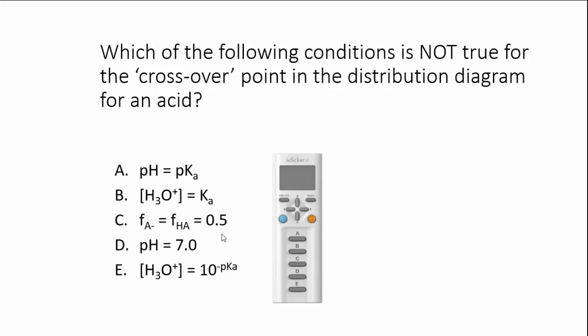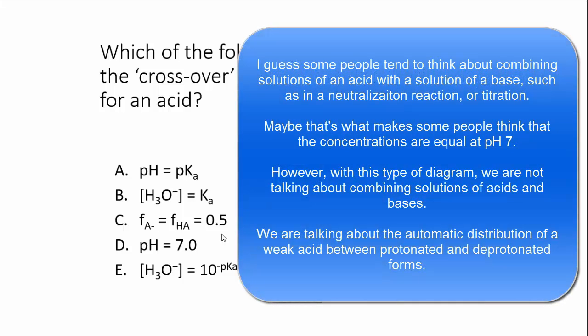And so at this crossover point, we're saying the concentrations of protonated acid and deprotonated or conjugate base forms are equal, which is a different thing than talking about the point at which hydronium and hydroxide concentrations are equal. They're two separate things. So pH is not equal to 7. pH is equal to pKa. So the location along the pH scale of that crossover point depends upon pKa. So it depends upon the acid itself.